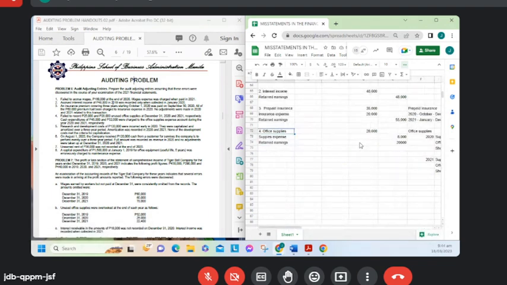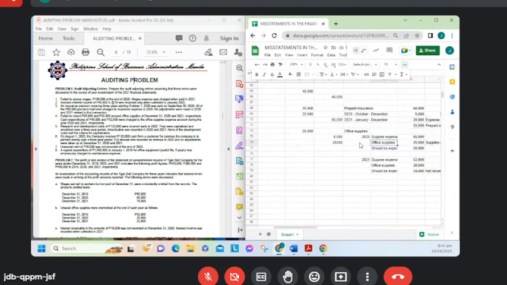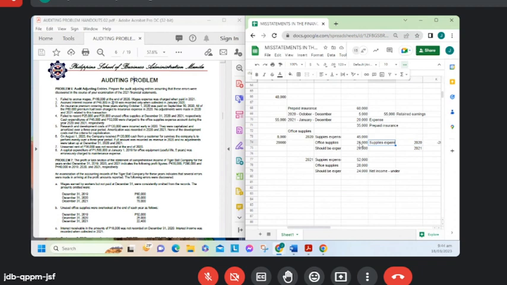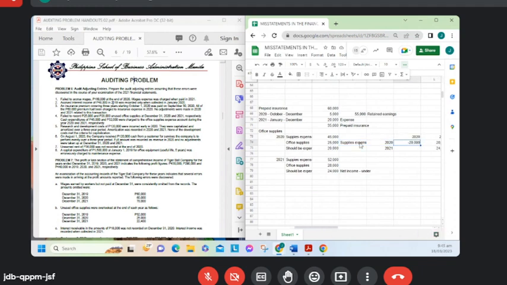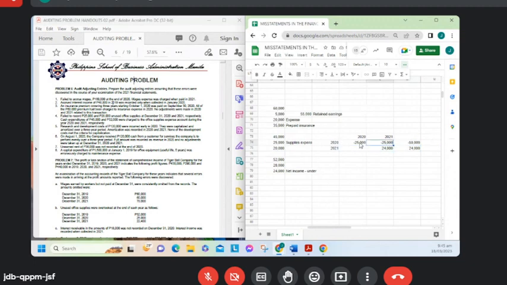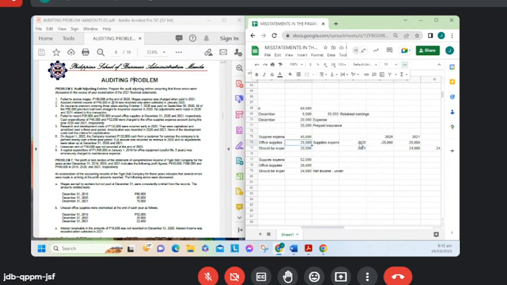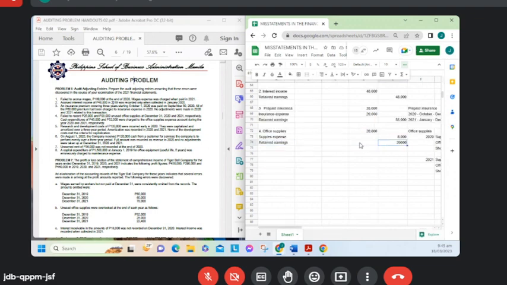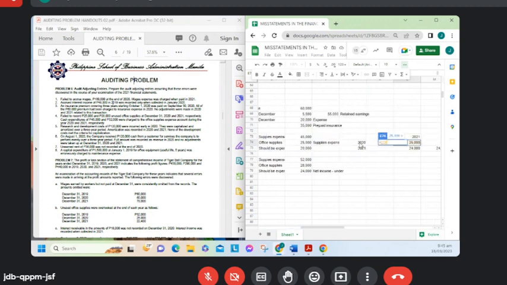So office supplies supposedly or the adjust that this is over expenses. 25,000 pala dapat to kasi yung office supplies overstated by 25,000, understated by 25,000. But that will affect the retained earnings. So supposedly retained earnings is 25,000.